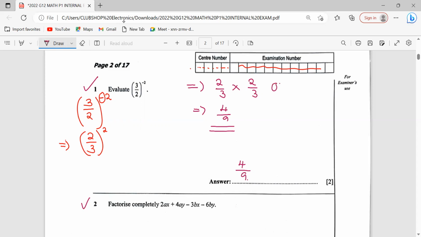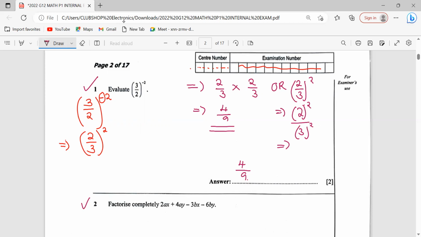Alternatively, at this stage, you can say for 2 divided by 3 squared. This will imply that I should say 2 squared divided by 3 squared. This is an alternative, right? You're not supposed to put alternatives.